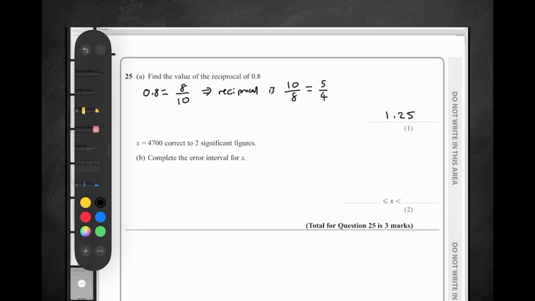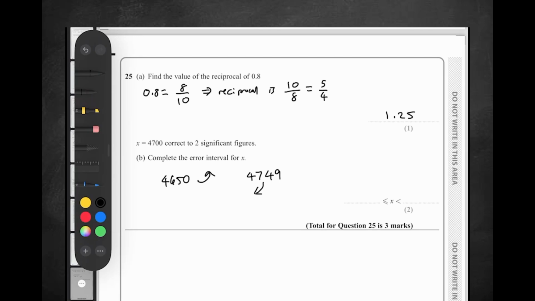X equals 4,700 correct to 2 significant figures. Complete the error interval for X. All that means is what figures could X be that are rounded to 4,700 to 2 significant figures. So we're just going to have 4,650 rounds up and 4,749 rounds down.